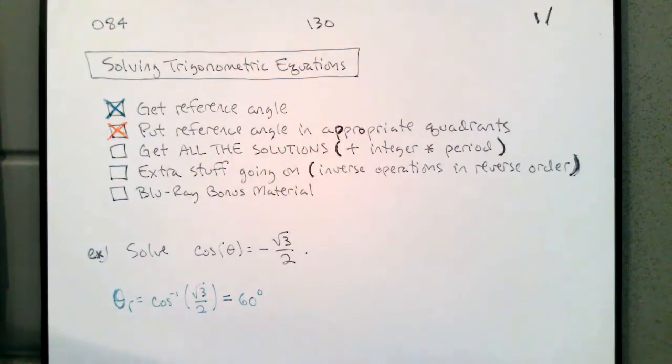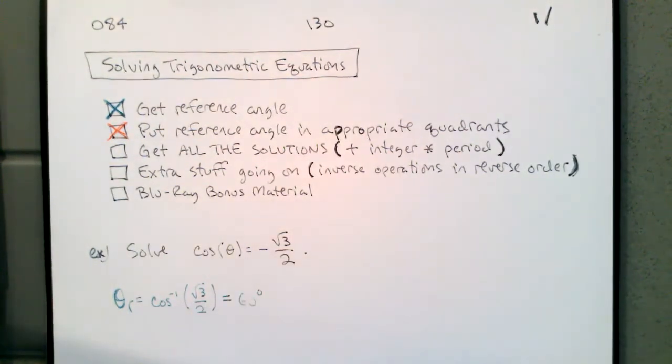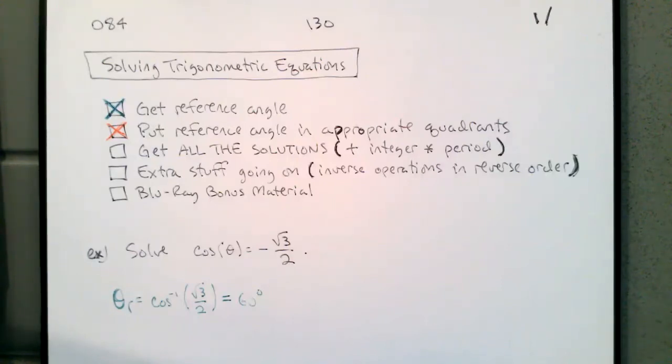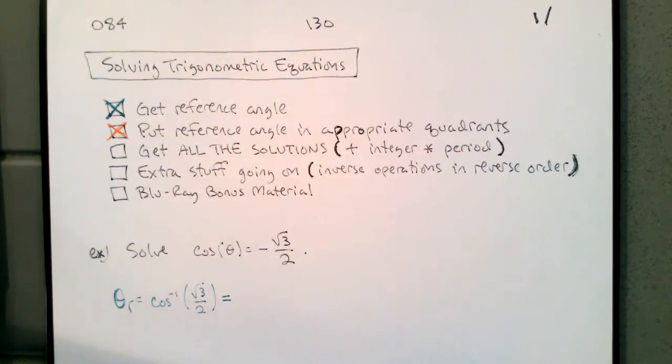I don't know if this is a more coffee problem or a less coffee problem, but I kind of know which solution I'm going to be applying. Someone tell me what the cosine inverse of root 3 over 2 is, since apparently I have forgotten. Is it 60 or is it 30? Or is it 45?